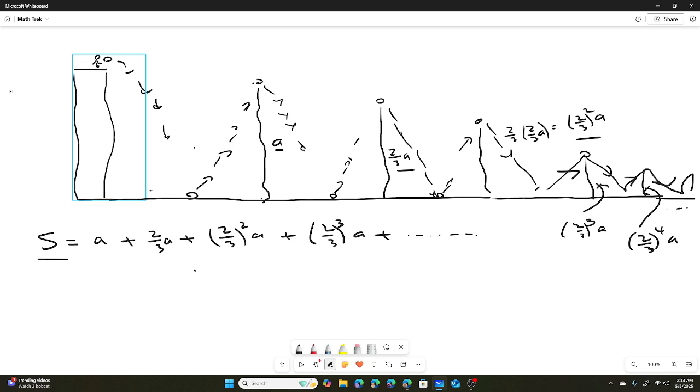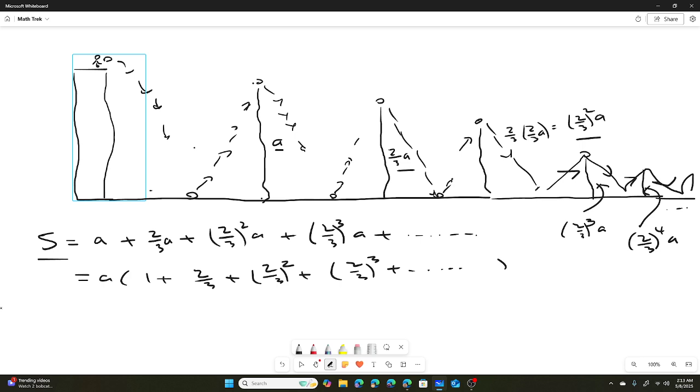Now, notice that you could pull a out, in which case it's just 1, 2/3, (2/3) squared, (2/3) cubed, etc. We could set a to be whatever number we want, but suppose that we set a to be 10 or something.